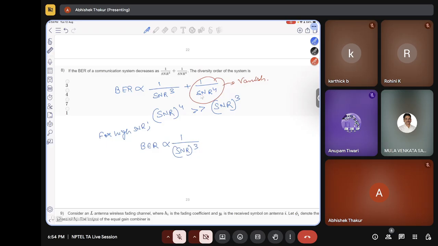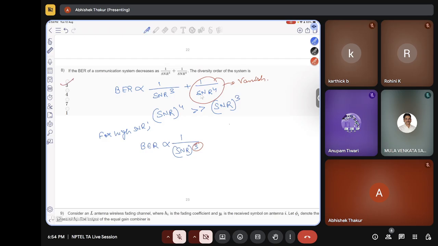So the diversity order of the system is 3. Diversity order of the system means the power of SNR by which the bit error rate will decrease. So it is 3. Option A is the correct answer.